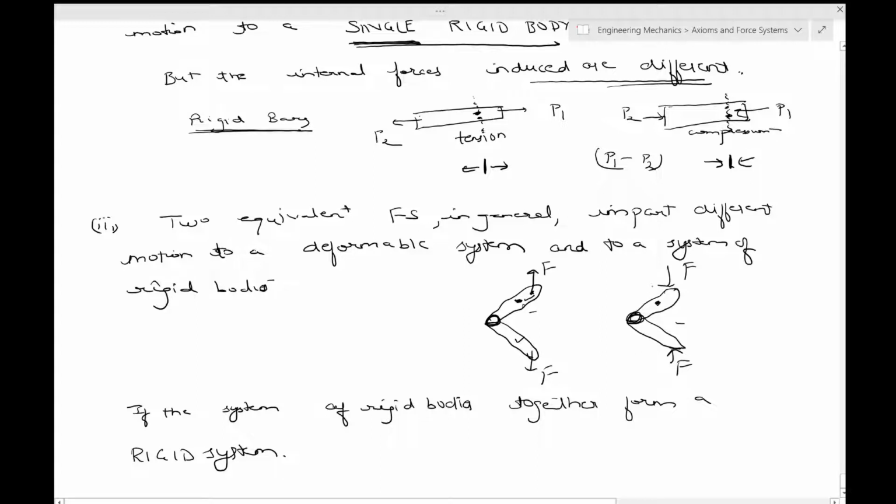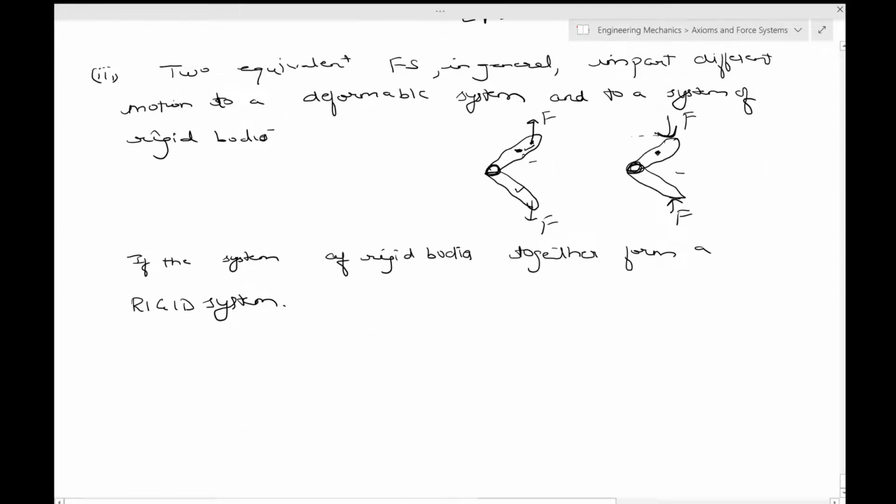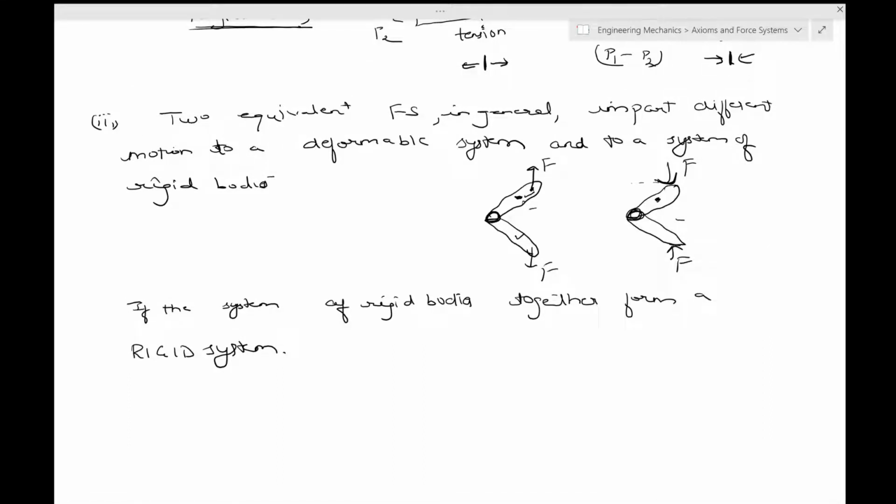So you have to understand this system of rigid bodies is actually a deformable system, meaning the shape and the size of this will change as the force is applied, so it is deformable. But if you are able to create a system with a system of rigid bodies which overall is rigid, then the equivalent force system produces the same motion.